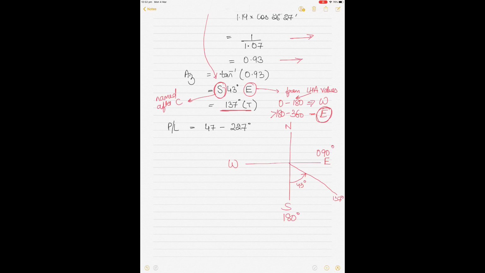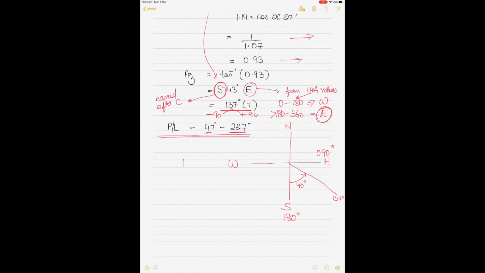To get your position line, just subtract 90 from this value and add 90 to this value. So if you subtract 137 minus 90, you get 047 degrees, and if you add 90 to 137, you get 227 degrees. That's your position line. So your azimuth is your bearing and this is your position line.